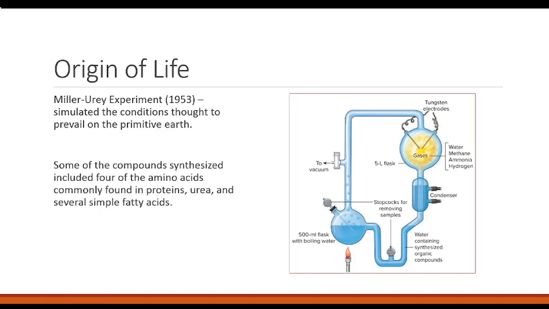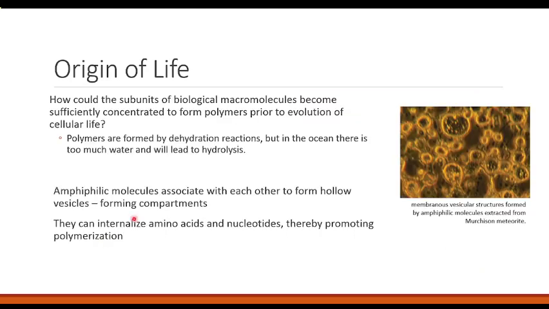Now, why is this important? Remember what I mentioned about the properties. Fatty acids, if they somehow acquire a polar component, will start to form membranes. And that is very important.